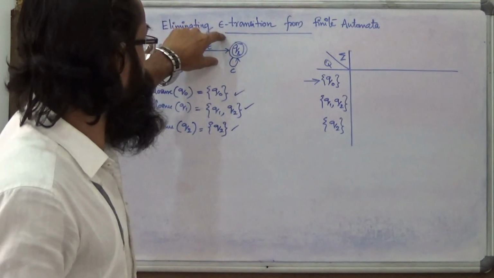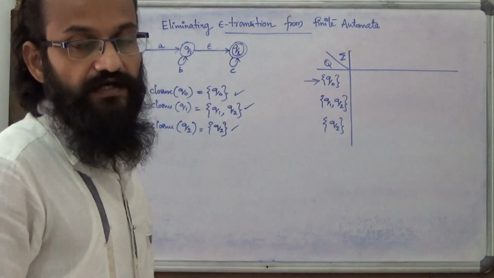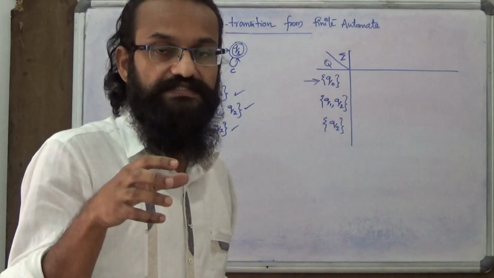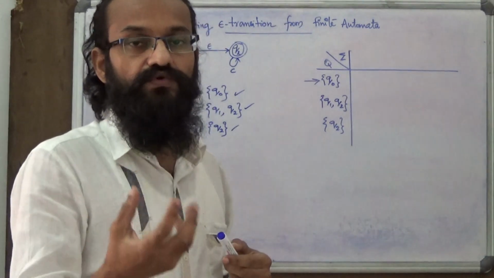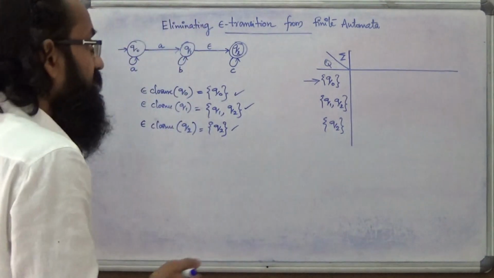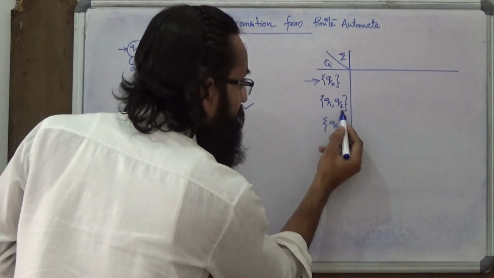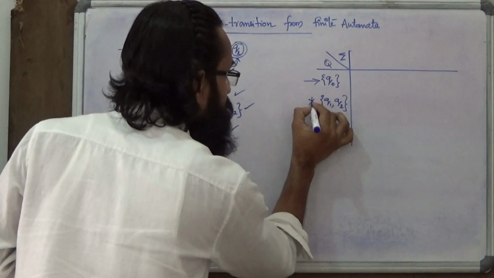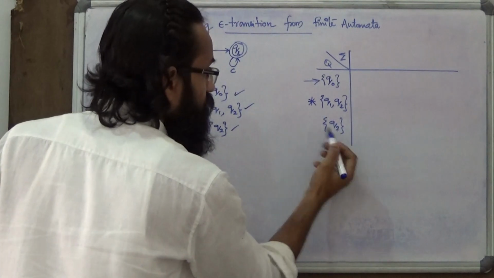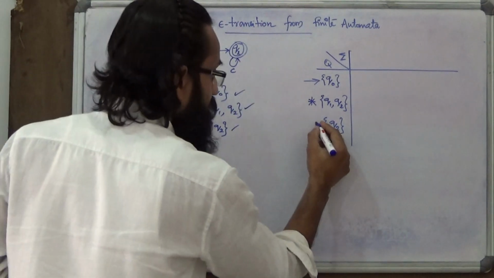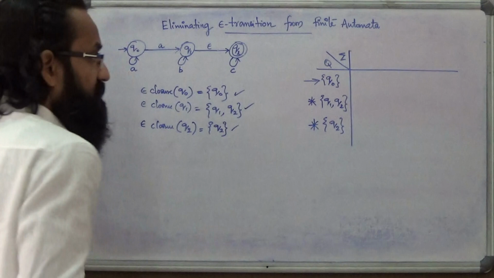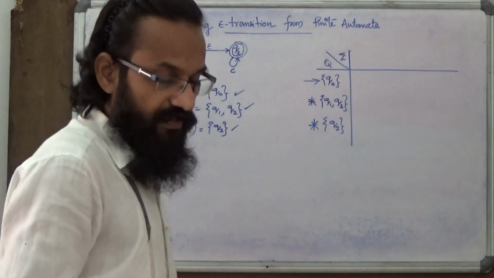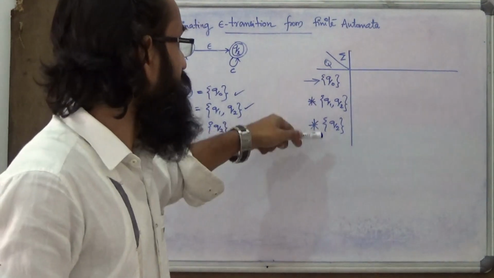If you consider this epsilon NFA, Q2 is the final state. So you can mark those states containing Q2 as a member as final state. If you analyze this set, Q2 is a member, so you can mark this as final state. So in the equivalent finite automata without epsilon transition we will be having two final states.